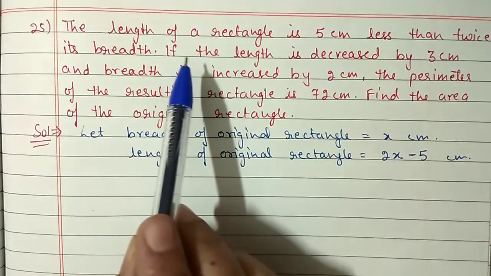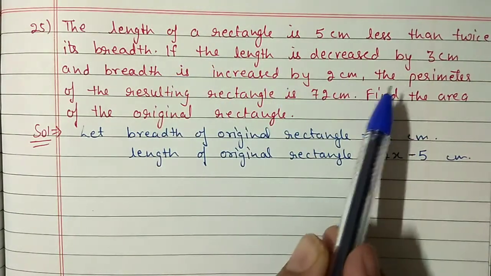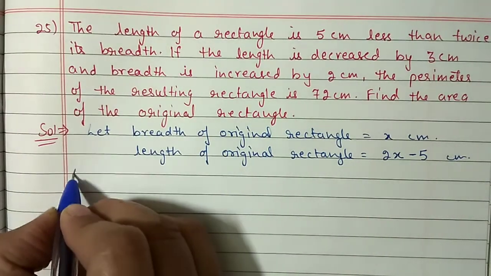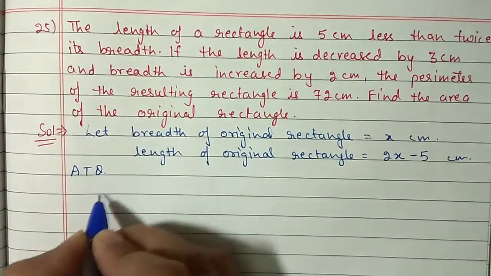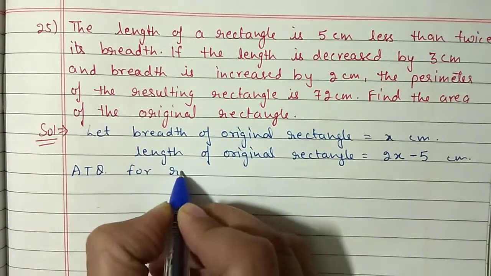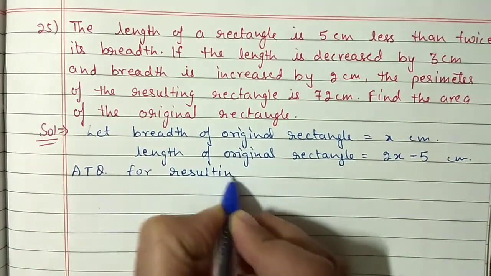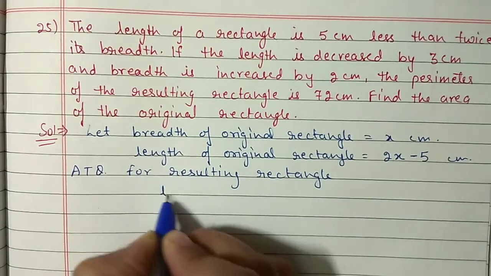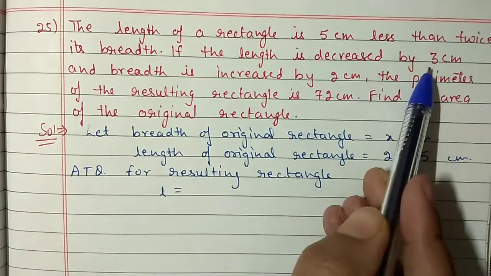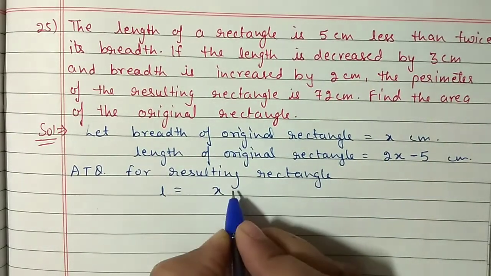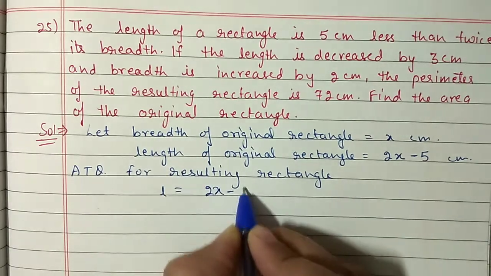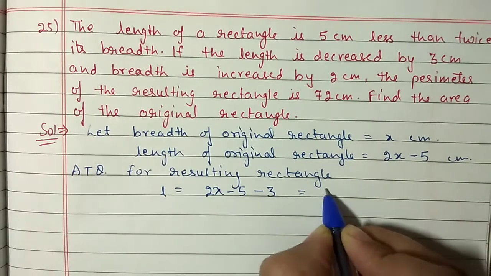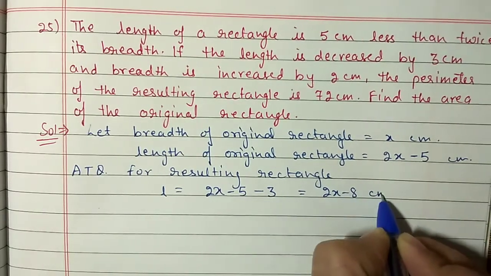Now for the resulting rectangle, according to the question, the length we have to decrease by 3: from the length 2x minus 5, decrease 3, then we will get 2x minus 8 centimeters.